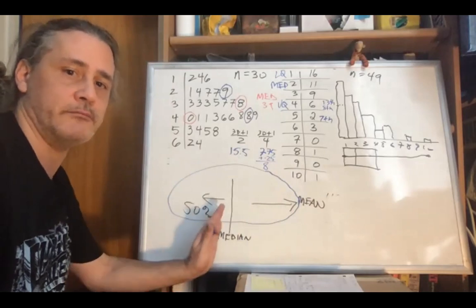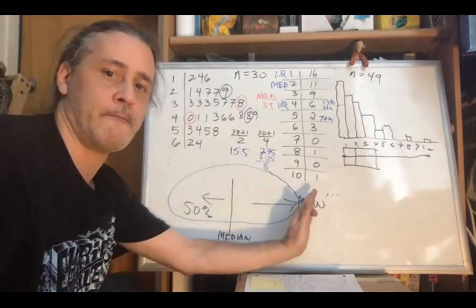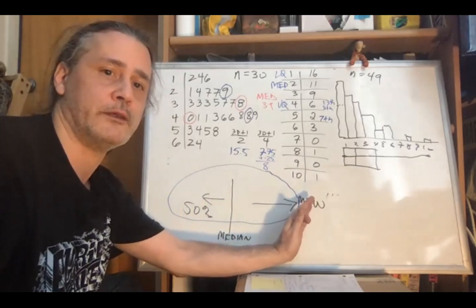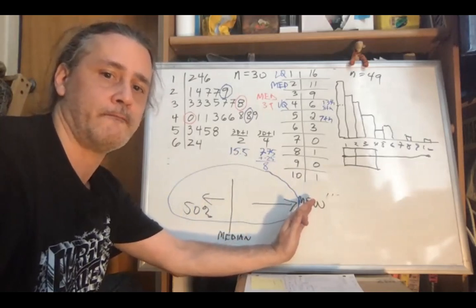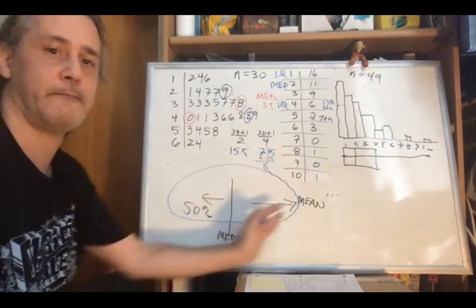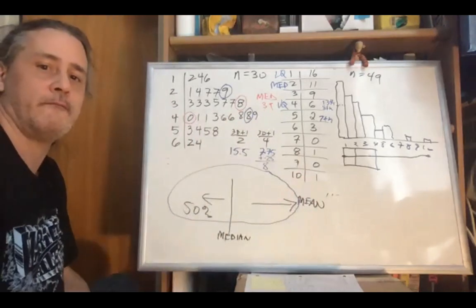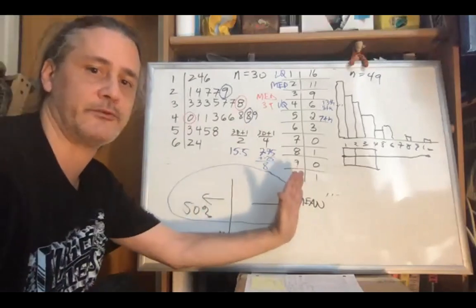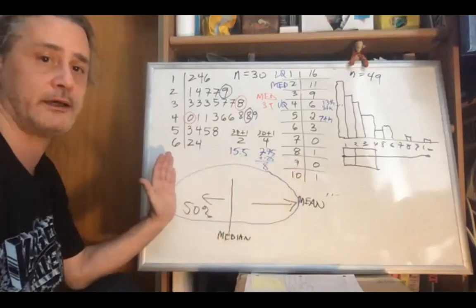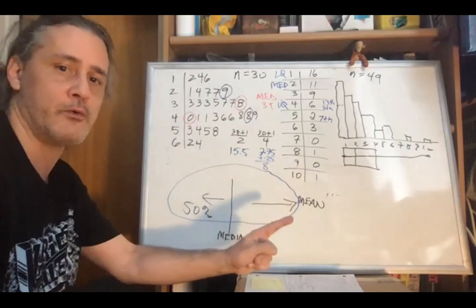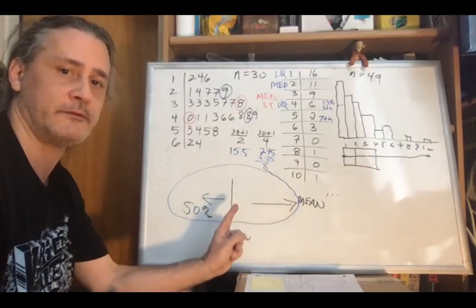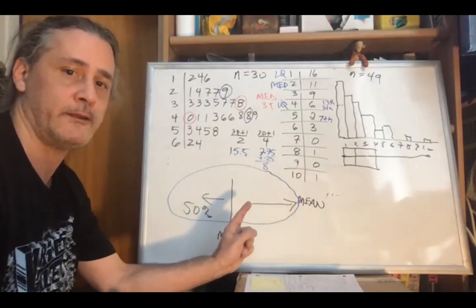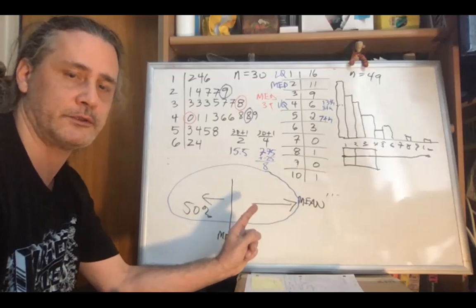Right? So if the mean shifts to the right, that means most people in that group are going to be less than the mean. Now, whatever it might be, maybe it's 60% less, maybe it's only 51% less, but it's going to be more than 50% because if the mean shifts this way, it's already on the other side of the median.